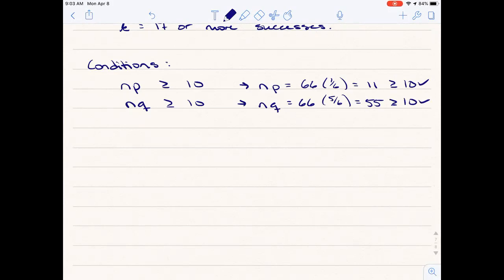Therefore, we can use the normal approximation.